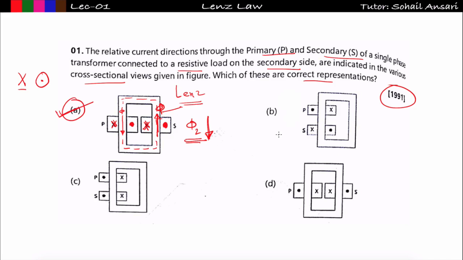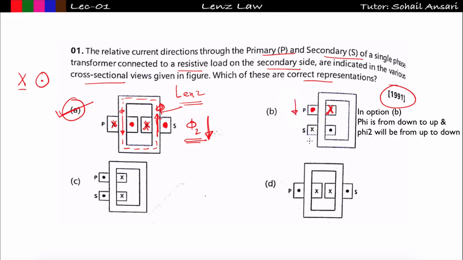Now see option 2. First find the flux direction in the primary coil. According to the current direction, cross represents current entering into the paper and dot represents current leaving out of the paper. So according to this, the flux direction in primary will be from up to down like this.